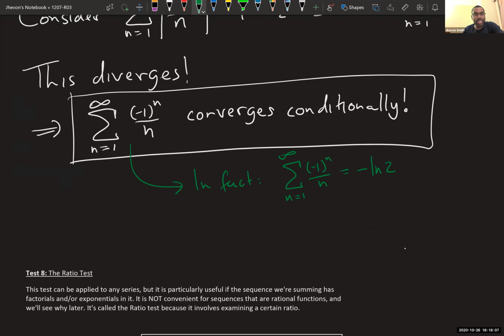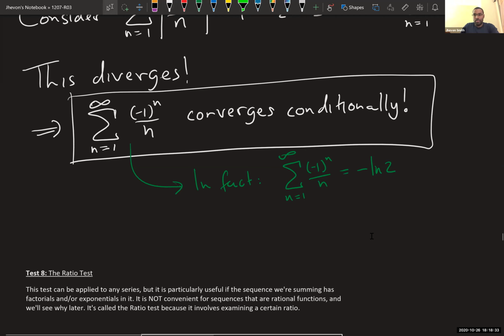Minus ln 2. We'll see why in a bit. In a couple lectures, we'll actually see why. But that actually converges to minus ln 2. So it's another case where we're adding up an infinite number of rational terms, but we end up with something irrational. So yeah. Very famous example, the alternating harmonic series.